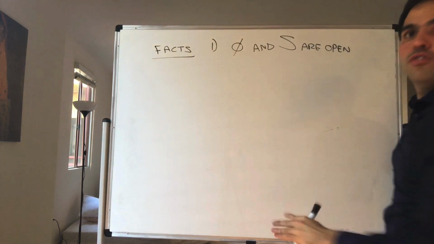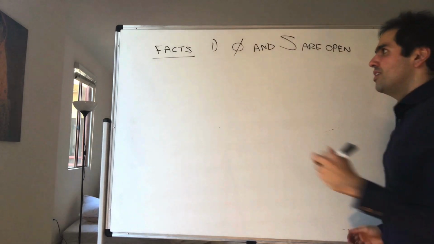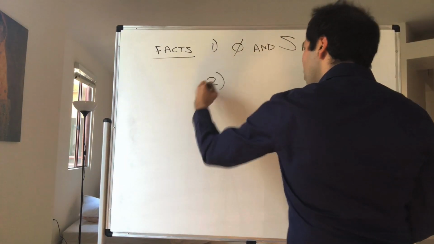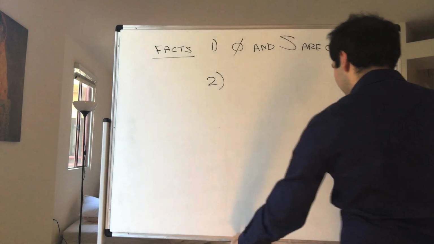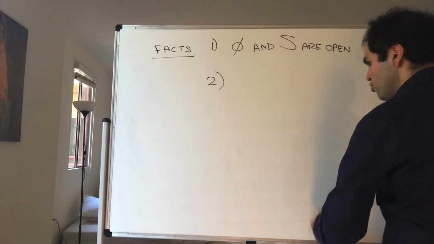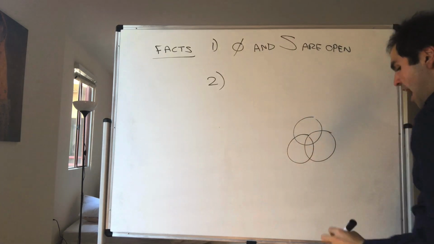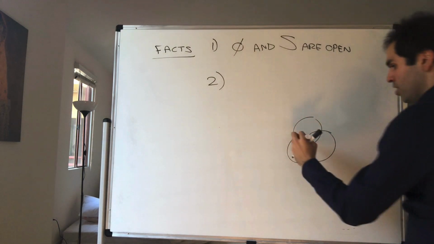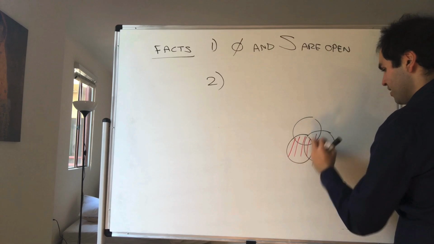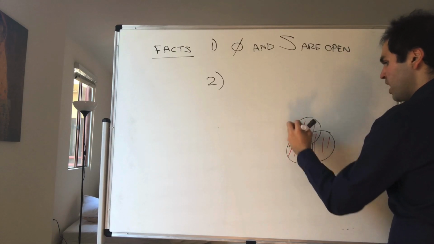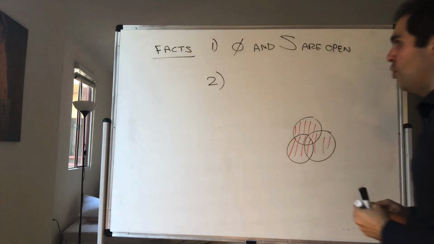This I won't prove, you can just do it using the definition. Moreover, here's the interesting thing. Suppose you have any collection of open sets, and you take the union, meaning everything together, then it turns out that union is also open.